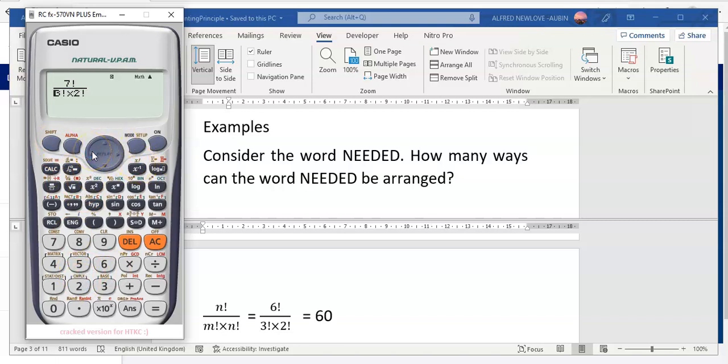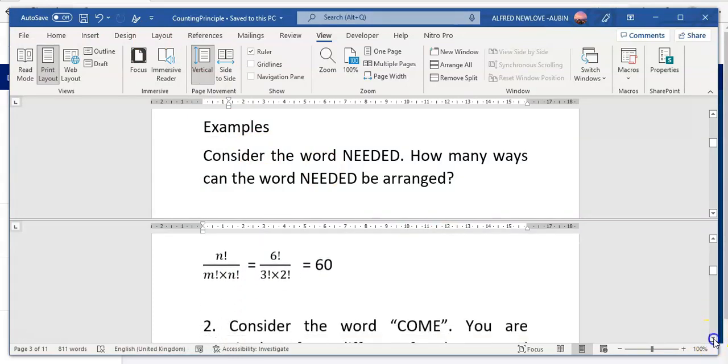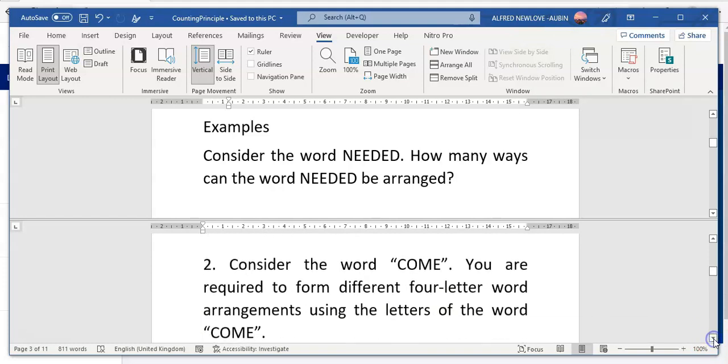Then move the cursor to the numerator, change it to 6. Equal, you have your 60. So you don't have to delete everything. No, it's a waste of time. Alright, but when you are doing this, be careful, take your time so that you don't make mistakes.